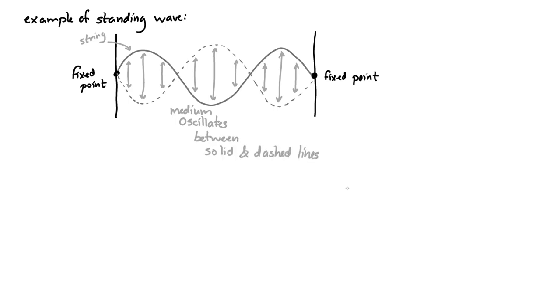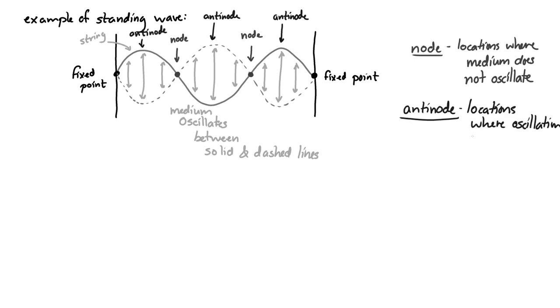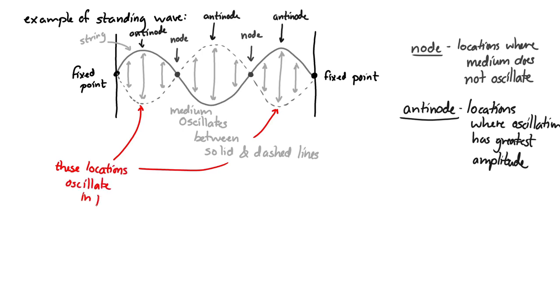You can see there are places on the string that do not oscillate. These are called nodes. There are also places where the amplitude of the oscillation is large. Where it's largest, that's called an antinode. Also notice there are places where the wave is oscillating in phase, and places where it's oscillating out of phase.